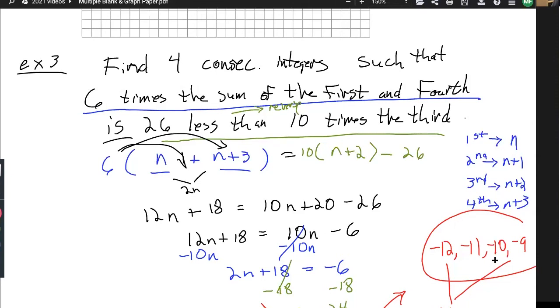So 6 times that would be negative 126. And then 10 times the third is negative 100. 26 less than negative 100 is negative 126. Check, it works.